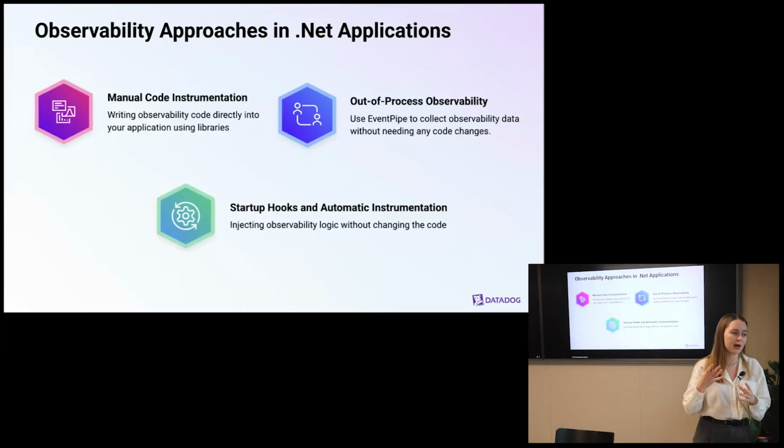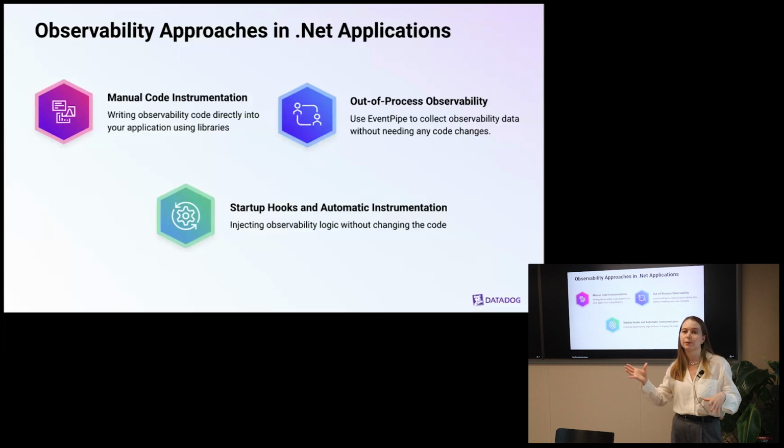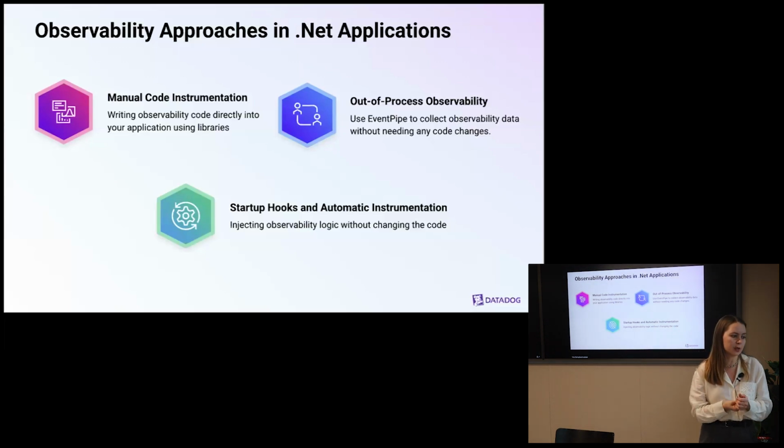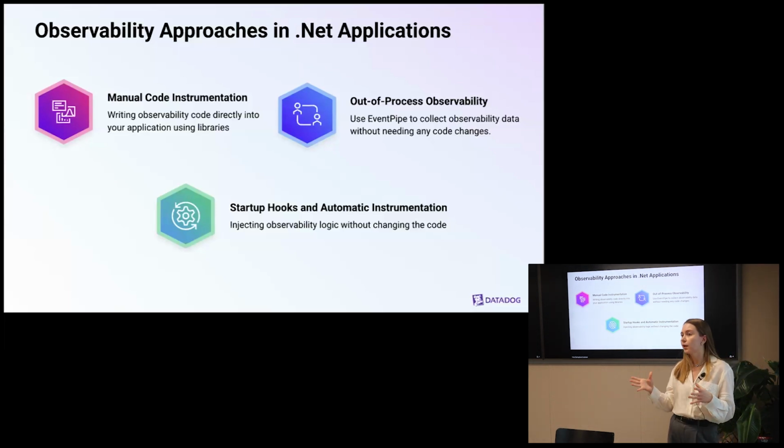The first one is manual code instrumentation, and it gives you lots of control. You can use different libraries. So we will talk today about OpenTelemetry, but it doesn't need to be OpenTelemetry. You can use, for example, Application Insights SDK or others. So it depends on you.